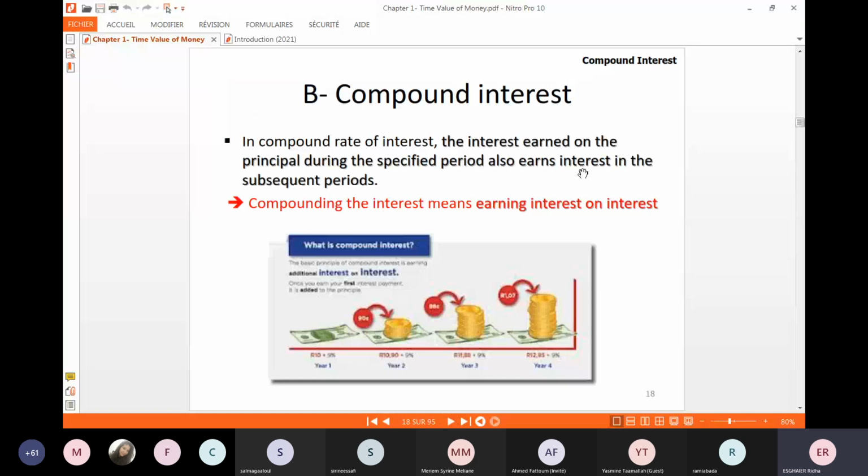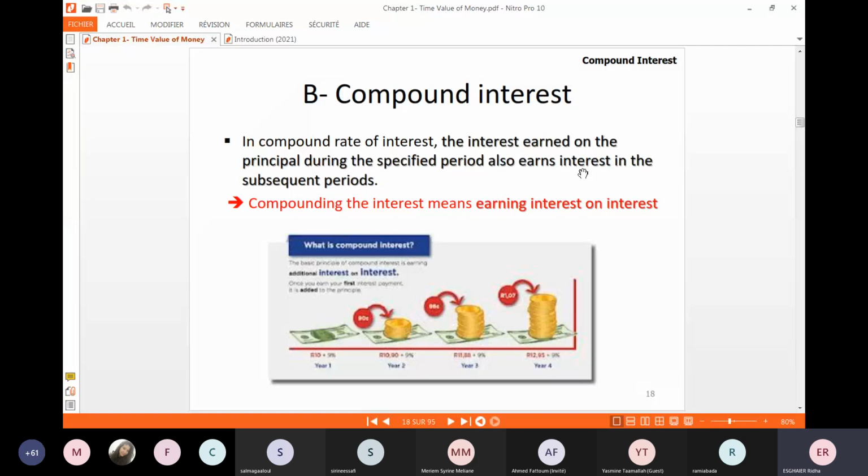Now, if we use the compound interest process instead of the simple interest process. Be careful, do not confuse compounding process with compound interest. Compounding process consists of computing the future value. The compound interest is the technique, the principle, we will use.